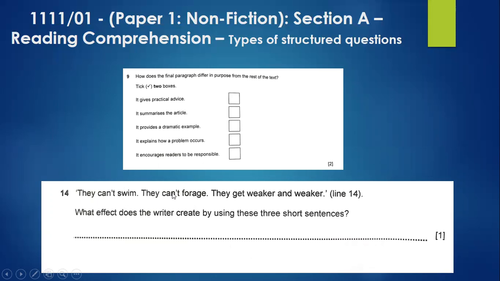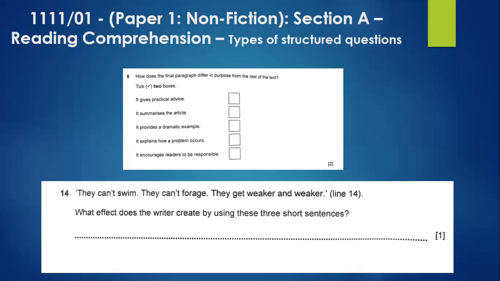They can't swim, they can't forage, they get weaker and weaker. So what effect does the writer create by using these 3 short sentences? So you could answer, the writer is trying to create a dramatic effect or give a sense of urgency.